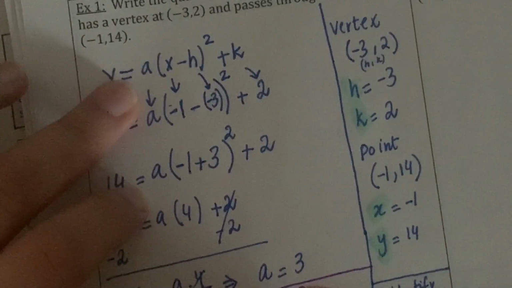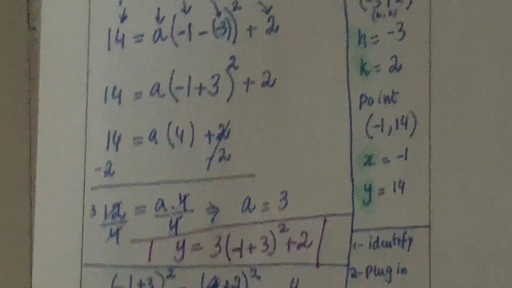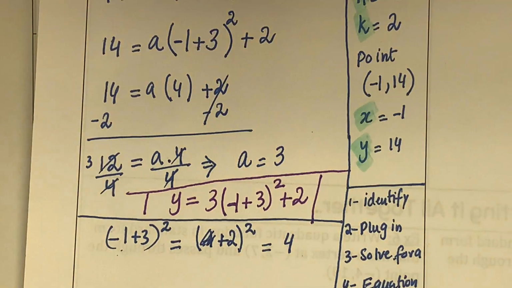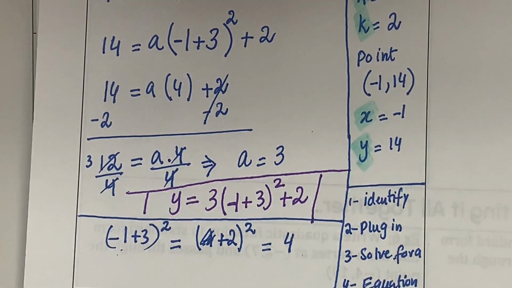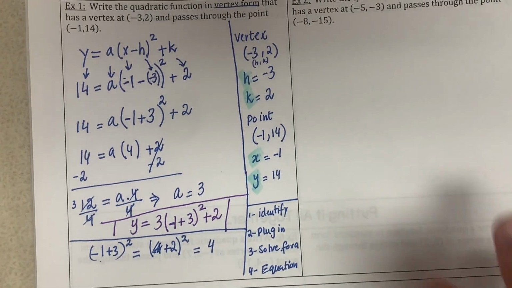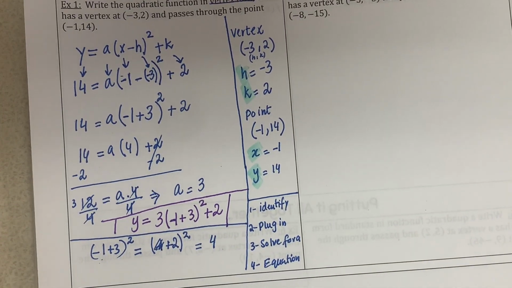So this is your final answer. You should be able to do the next question on your own. Follow the steps and you should be fine. It's not too technical. It just requires some organization. That's it.